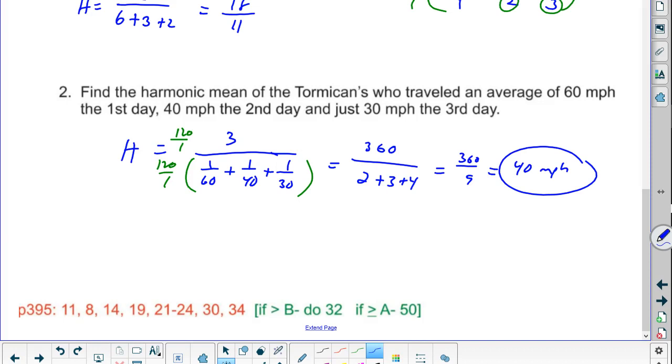The next number for 60 is 120. And 40 does divide into 120, and 30 divides into 120. Those are big numbers, so if I try to do the LCD chart, it would get long. So I tried to pick numbers that maybe you could think about and come up with the LCD.